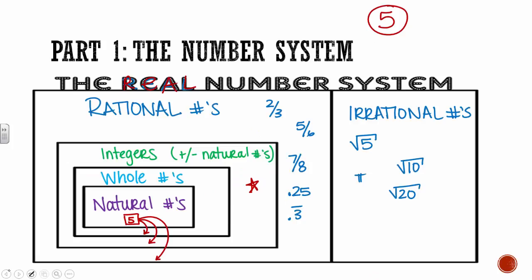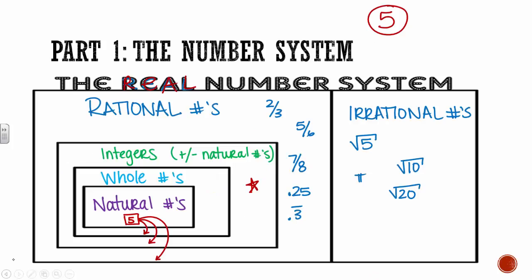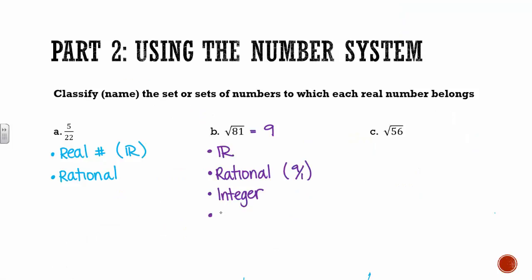If we go back to this little chart here, it's an integer because it's a counting number that's either positive or negative. Keep on going. It's a whole number because it's a natural number or 0. And then finally we know it's a natural number because I could count out 9 things. So 9's kind of special because it fits into almost all of the categories.